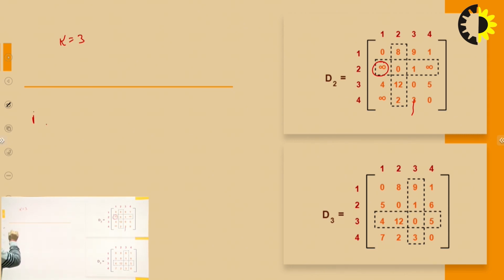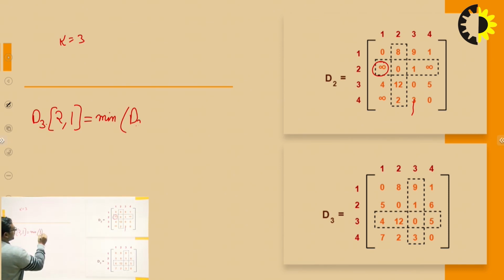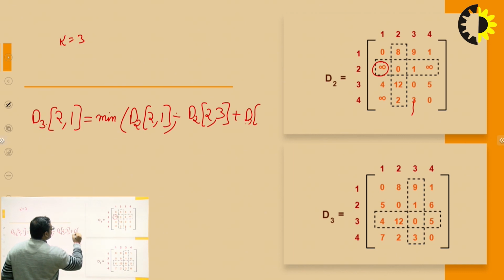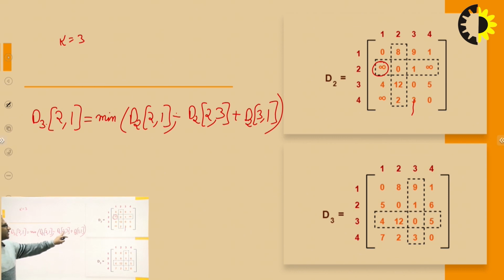For the matrix D3, we are going to calculate 2 1 with the same function, that is k minus 1, D2 of i j, that is 2 1, comma D2 2 3 plus D2 3 1, right? So I'm taking 3 as the pivot element and 2 1 is the range.